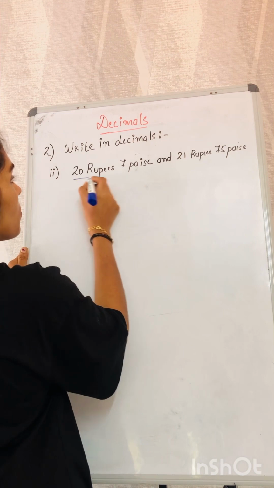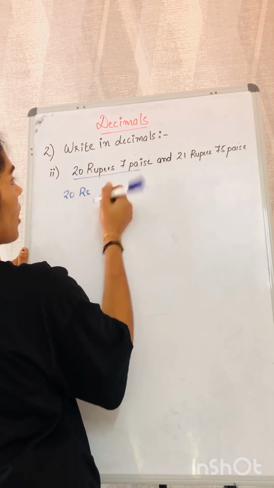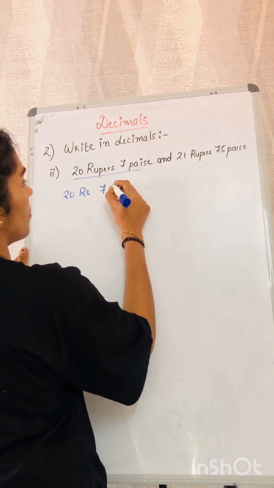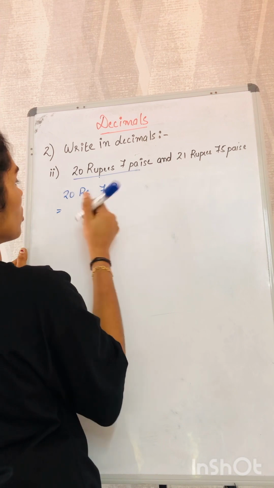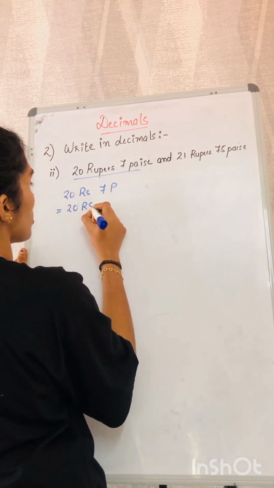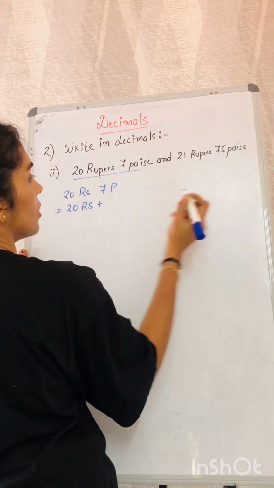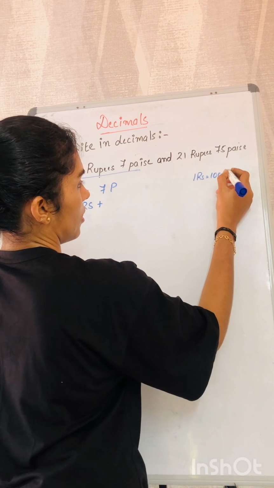The continuation of write in decimal, the second one: 20 rupees and 7 paise, and 21 rupees 75 paise. So take the first part, that is 20 rupees, Rs, the short form, 7 paise. So again, see, two different units, so you can't add them, right? Convert them. 20 rupees plus, so 1 rupee is 100 paise.